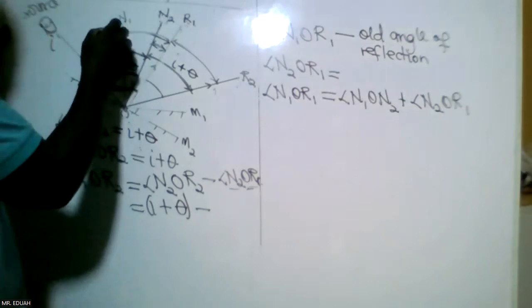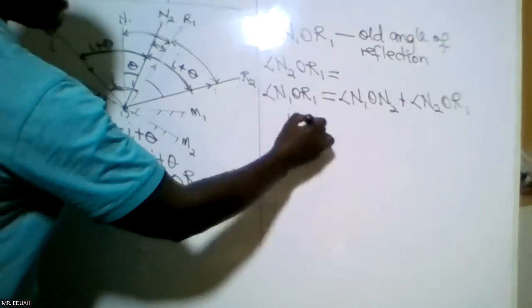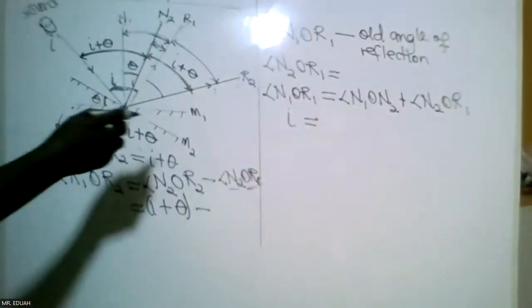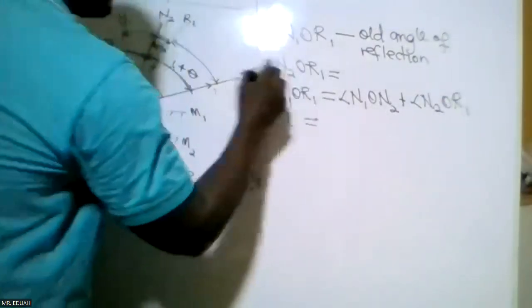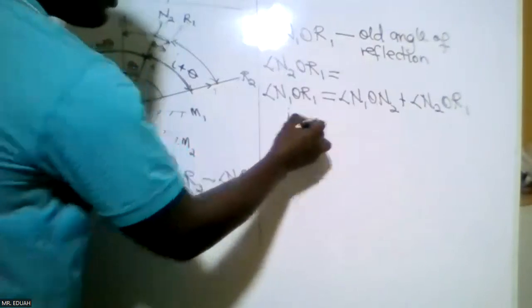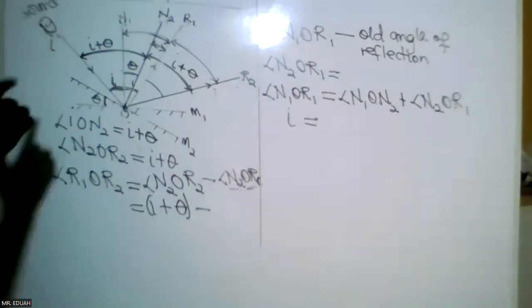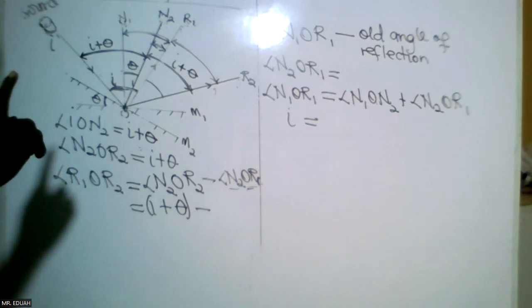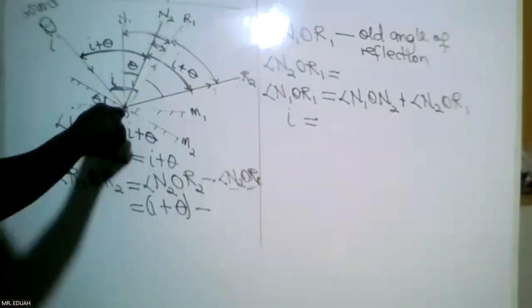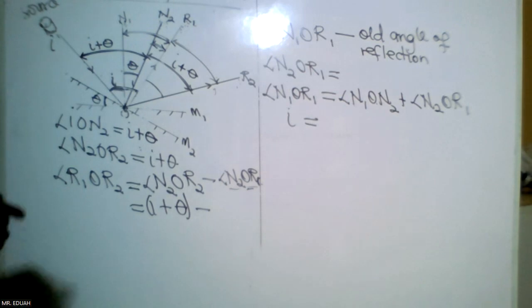If angle N1OR1 is I, and angle N1ON2, Janice, what is angle N1ON2? What is that angle? I. No, watch closely. It is the angle between the two normals, angle N1ON2. What is the angle? Theta. Good, theta.